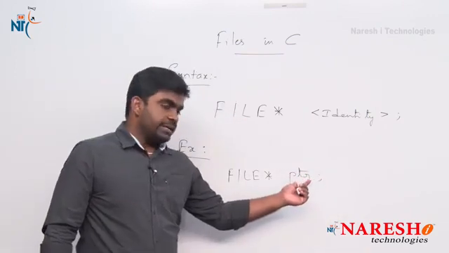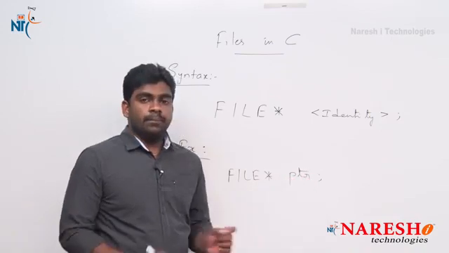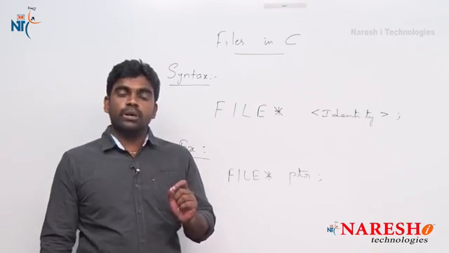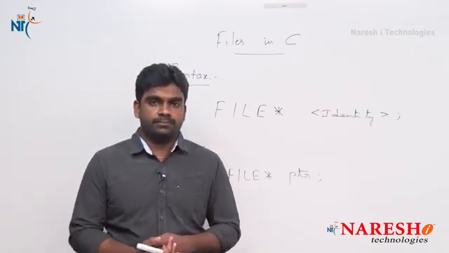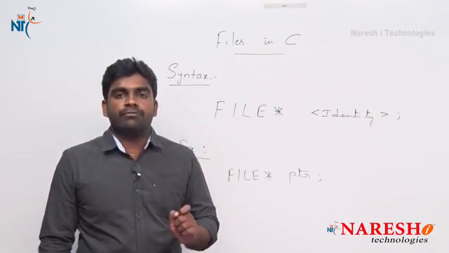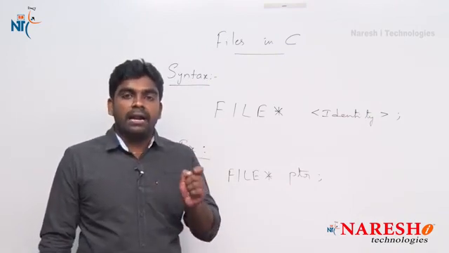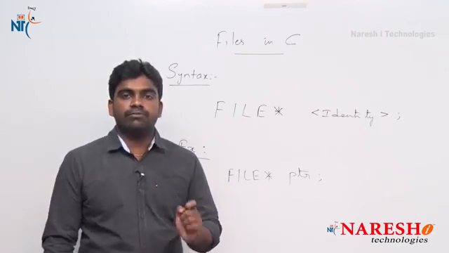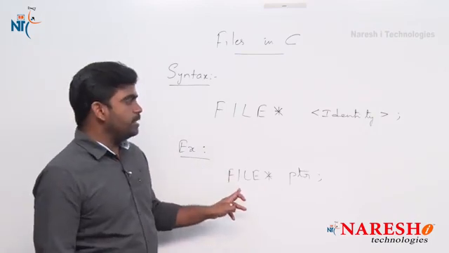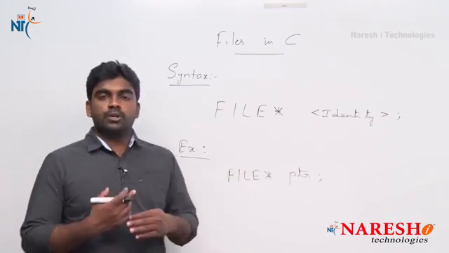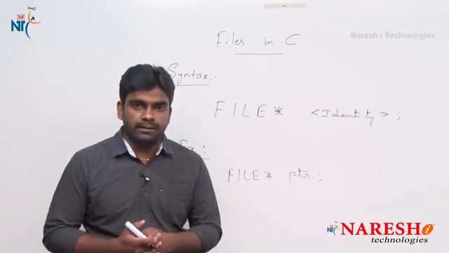So the variable name is ptr. Here ptr is a pointer, it can point to any type of file. It can hold the address of the file. So this is a file pointer declaration. With the help of this pointer only, you can process the information of the file.